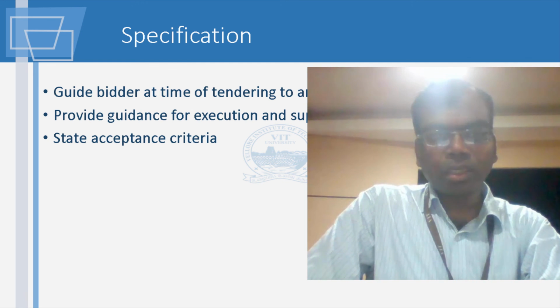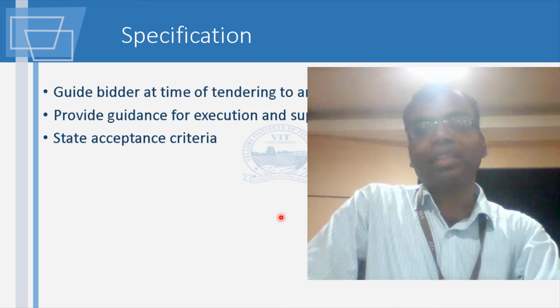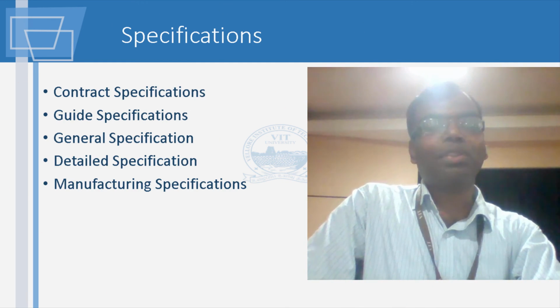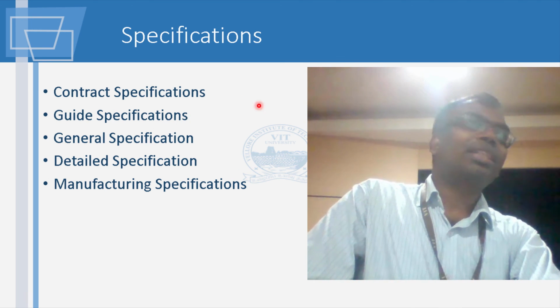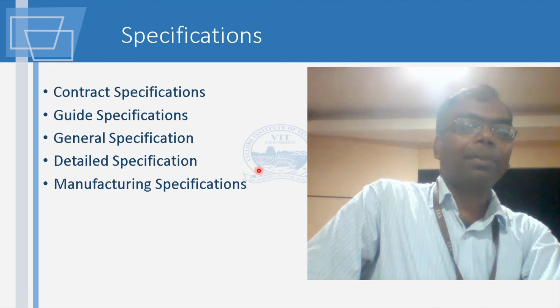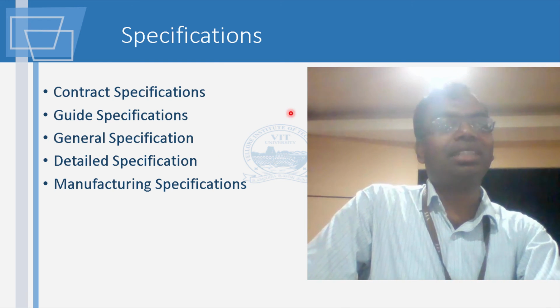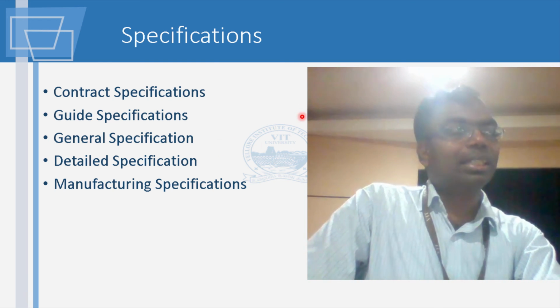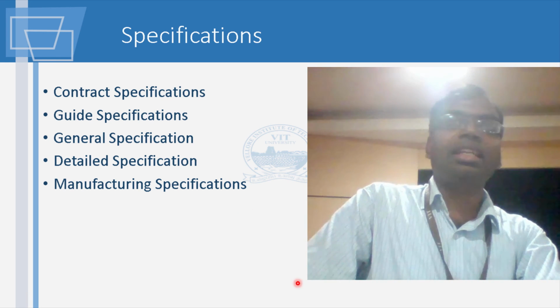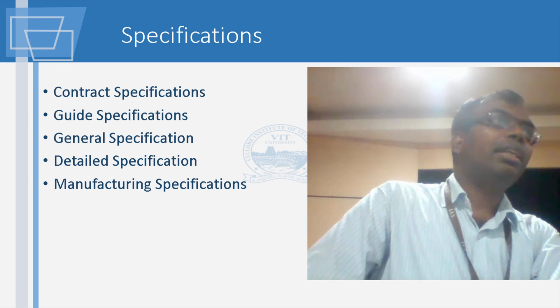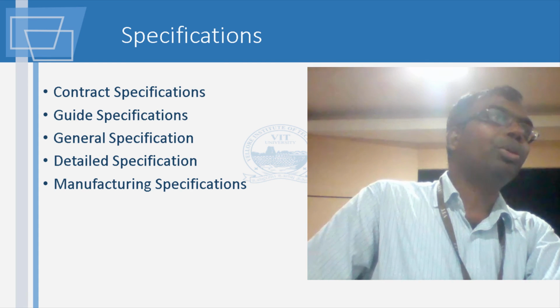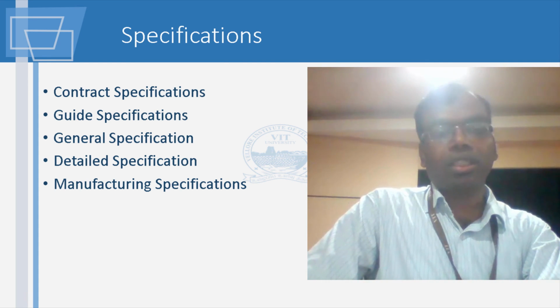So you will have all the specifications which you need. These are some of the types of specification: contractually, what you should do. Then there will be some general specifications, some guidelines. That's the guide specification, with some general aspects. Then the detailed specification will go into nuts and bolts, like how the curing process is to be done and all the stuff like that.